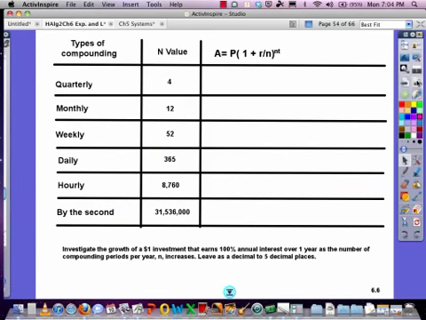Now, you've seen this before when we were doing compound interest, and we talked about how the formula for compounding interest, A equals P times 1 plus R over N to the power of NT, was an example of an exponential equation. If you remember, we said that the exponential situation is y equals A times B to the power of x.